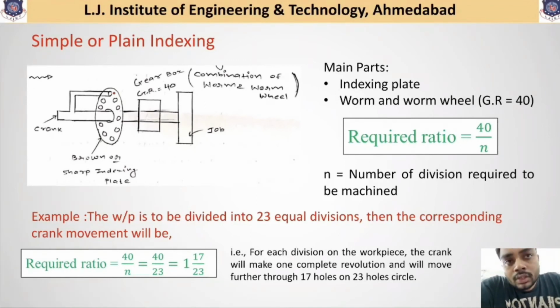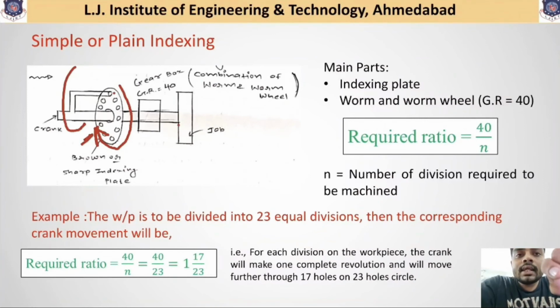Now rotate this crank by 17 holes. Suppose up to here 17 holes are available. So now the crank will be rotated from the initial position up to 17 holes and stop over here, and whatever rotation is given to the job will provide you one division, and then perform the machining operation.